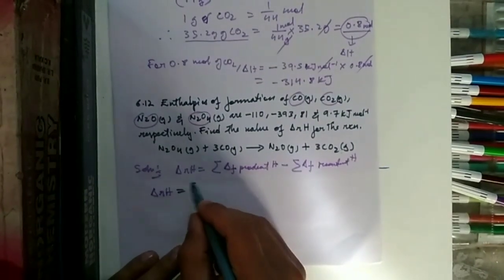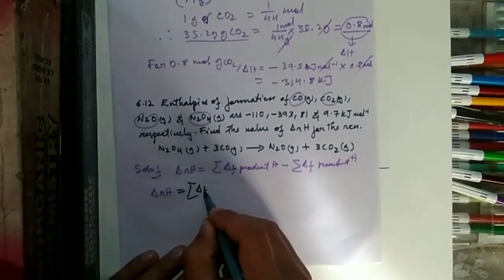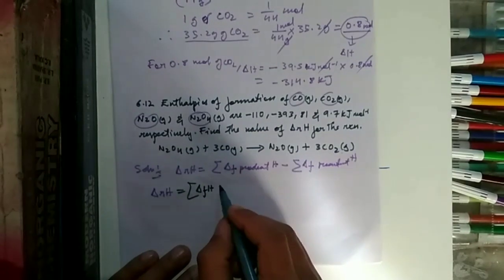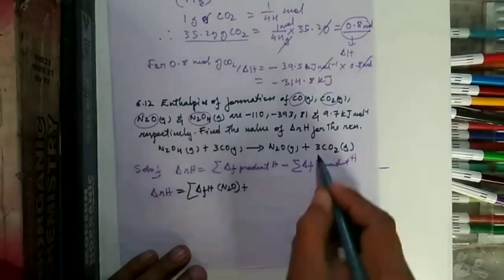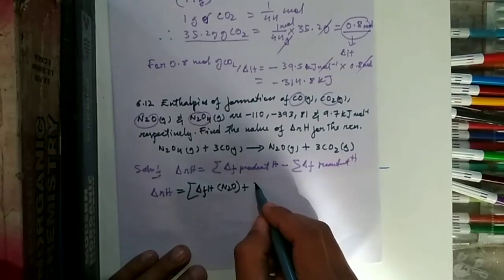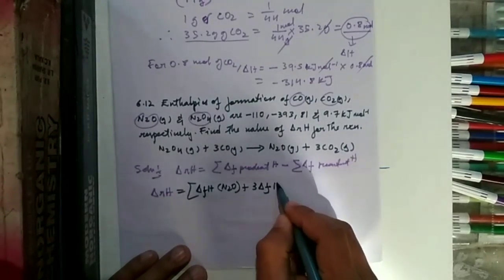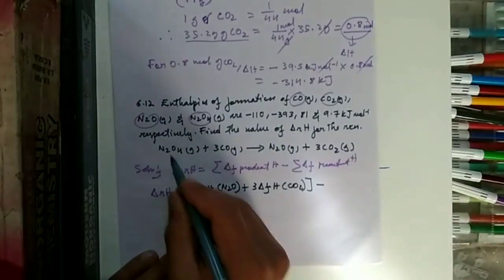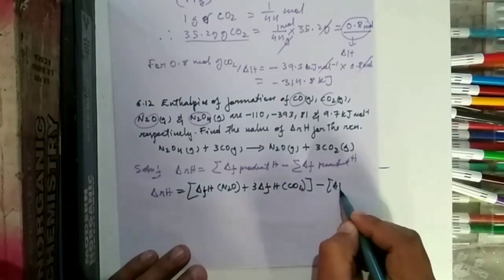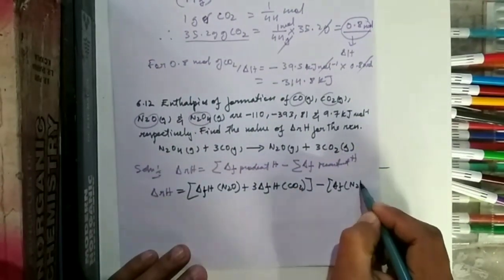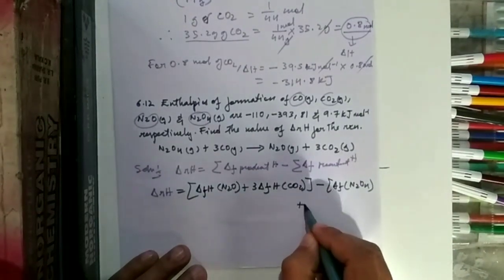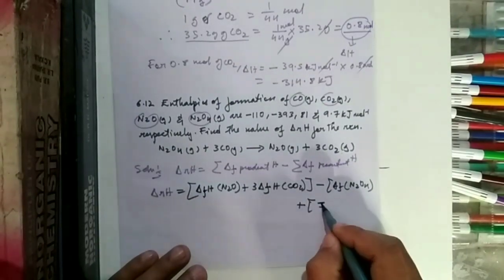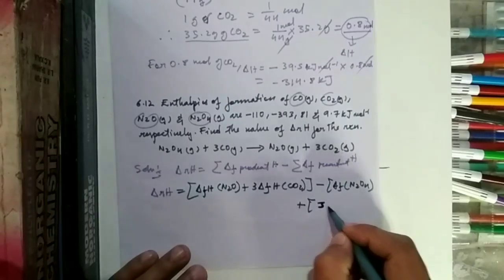We can write it like this also: the enthalpy of formation of the products, N2O plus 3, this coefficient also we have to add, CO2. Now the reactants: firstly the enthalpy of formation of N2O4 plus 3 moles, this coefficient 3 we add, of CO.